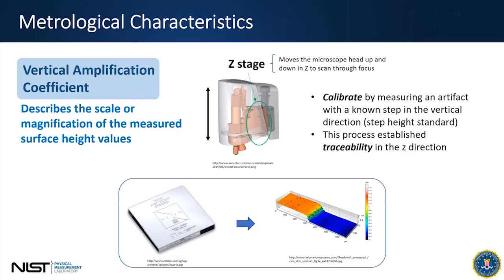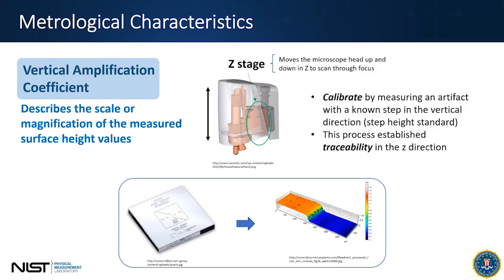So vertical amplification coefficient is a pretty straightforward thing. All of these instruments will give you X, Y, and Z data points, right? We're creating a 3D surface using these instruments. And the vertical amplification coefficient simply asks, are my Z measurements correct? So if I measure, let's say, a step height here in this bottom example, and I know that step height is 1.6 micrometers, what does the measurement tell me it is?